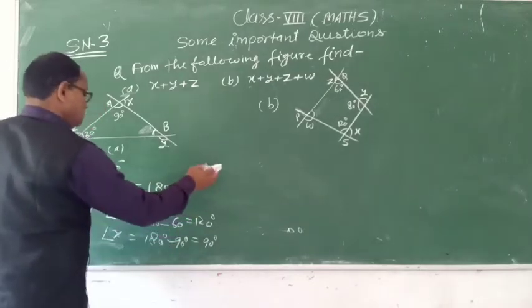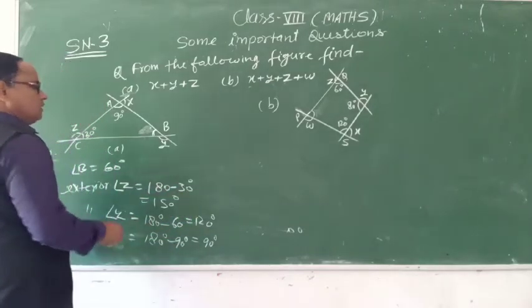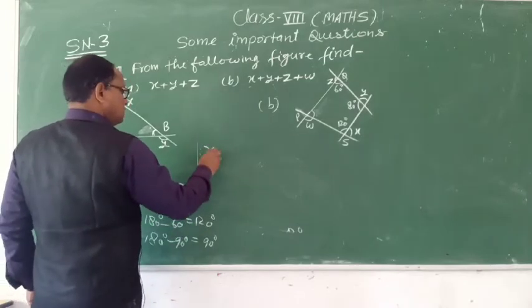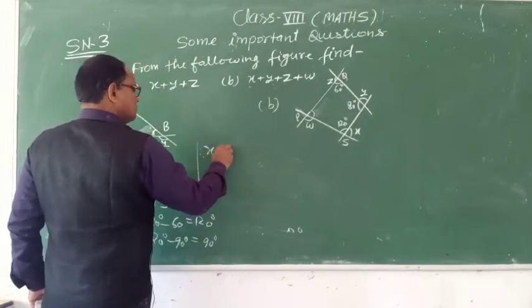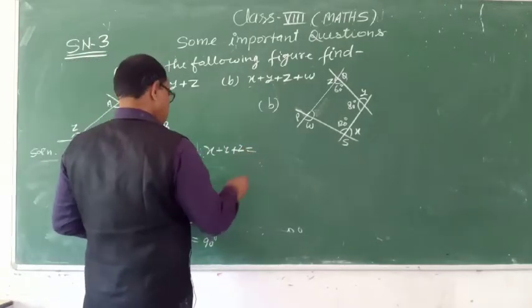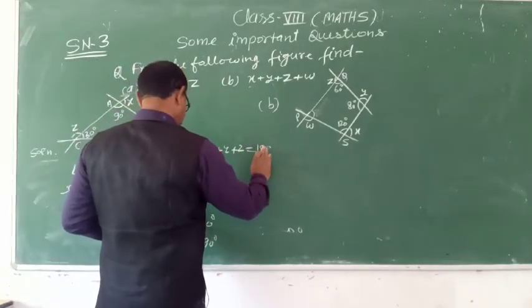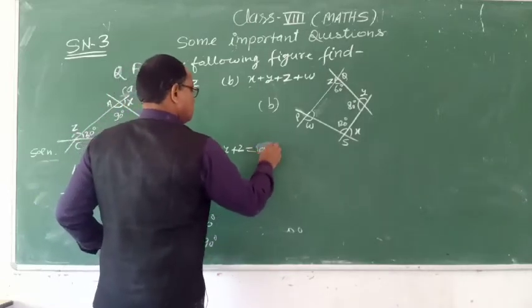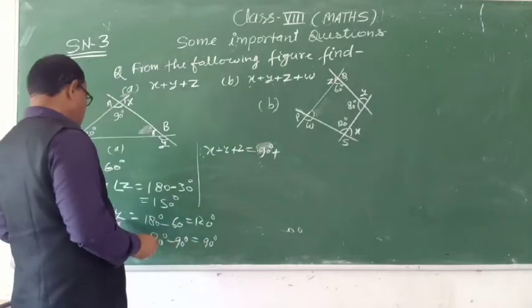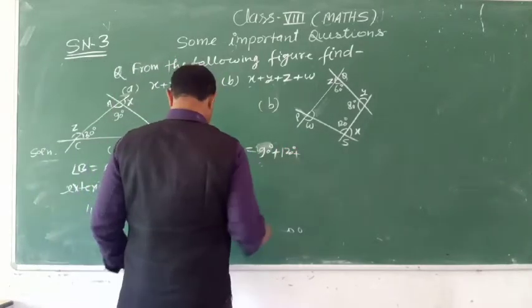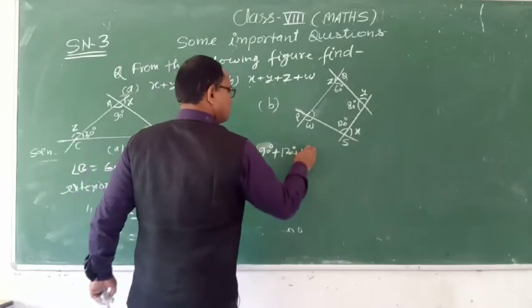Okay. After this, the sum of all exterior angles. Therefore, x plus y plus z is equal to the value of x, 90 degrees, plus the value of y, 120 degrees, plus 150.